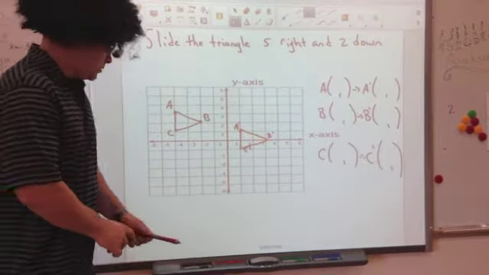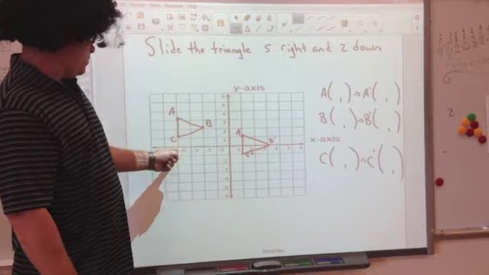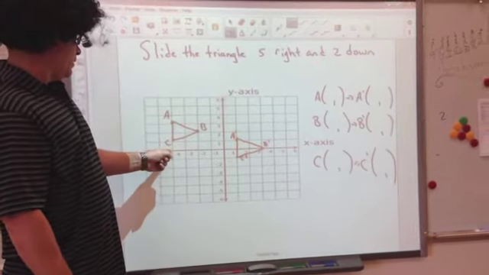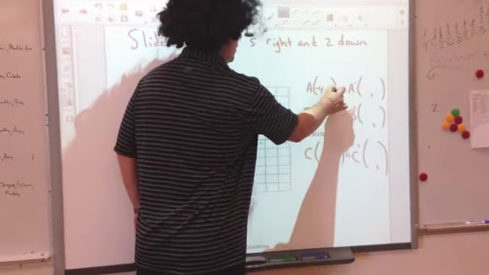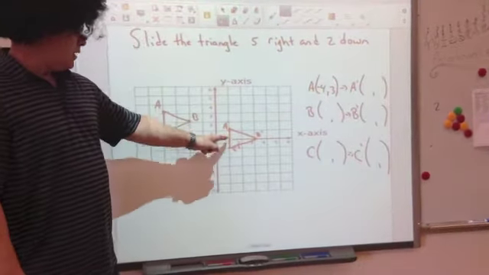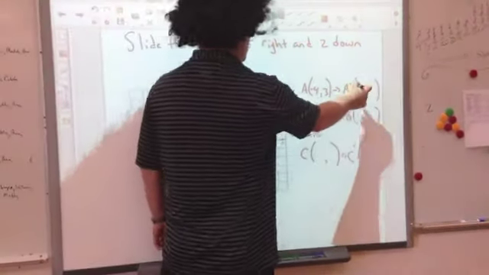Last thing we need to do is put our new ordered pairs up. The original A was at -4, because it goes over to here on the X, and 3. My new A, which is over here, is going to be on 1 and +1.